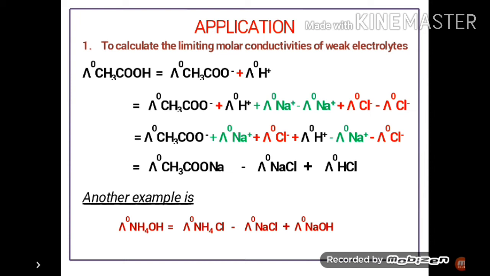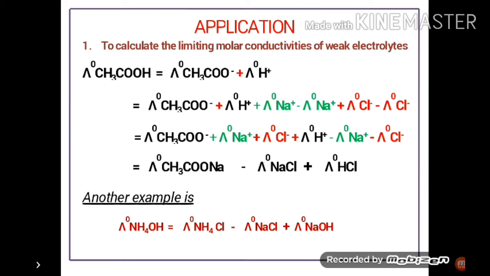Simple thing: where is NH4 in the 3 electrolytes? It is in NH4Cl. Where is OH? It is in NaOH. So we will add the values of ammonium chloride and sodium hydroxide, and the last one, sodium chloride, we will subtract. In this way we can find the value of NH4OH.